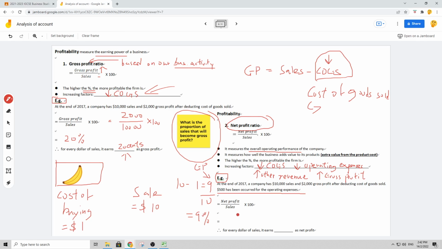So now can you guys tell me the GP, not the GP ratio, the NP ratio for this example question? What is the NP ratio? Can you guys very quickly help me calculate this? NP ratio for this. Anyone? Come on. You can do it.